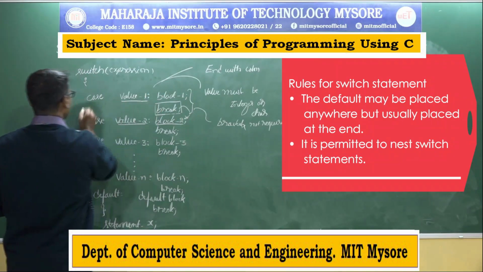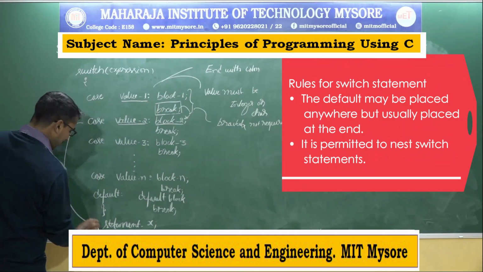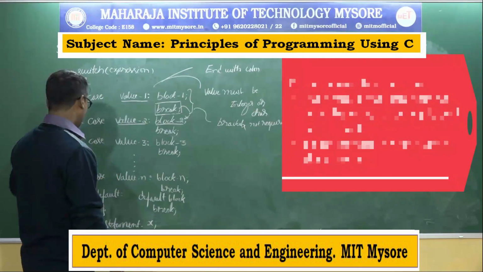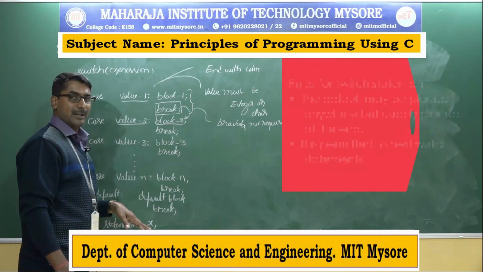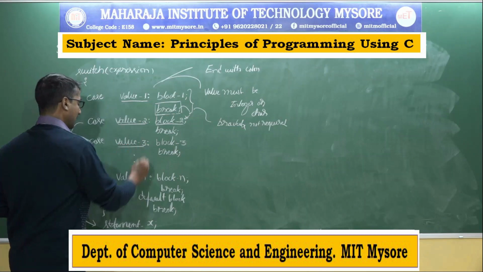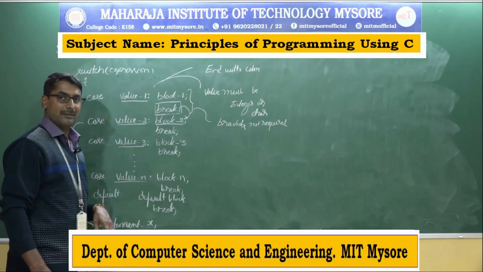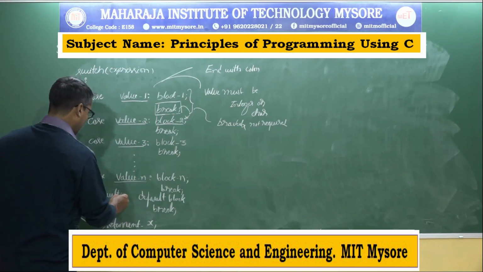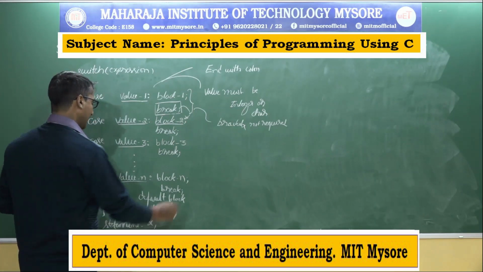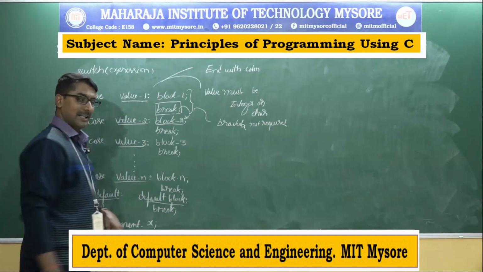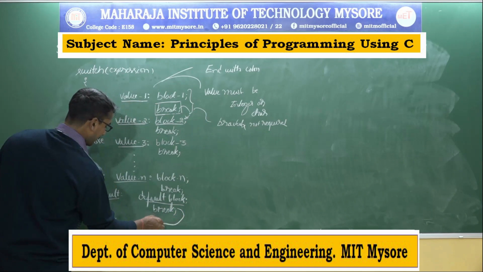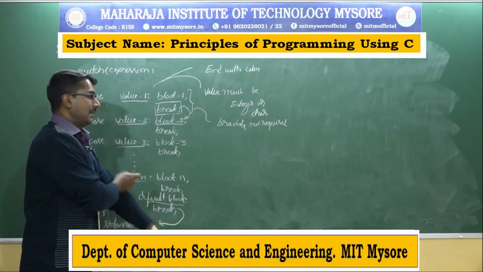Once it terminates, the control is transferred to statement X. So after executing the corresponding block, it moves to statement X. If none of the cases is matched, then it moves to the default block, executes the default block statements, and terminates. Once it executes the default statement, the control is transferred to statement X.